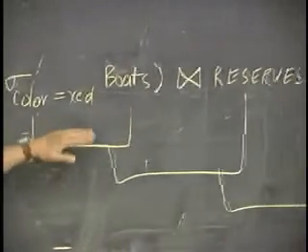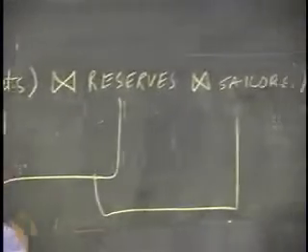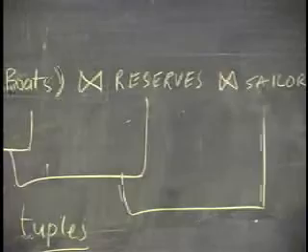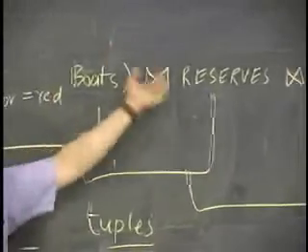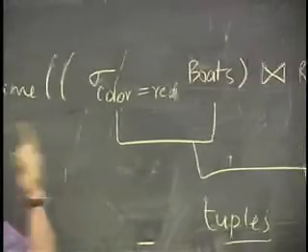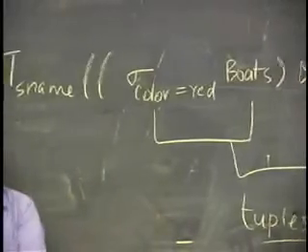So what you are seeing is there are temporary tuples being generated, right? You could select before or you could do the cross select later on. You can actually do all these changes because everything takes a relation and returns a relation.